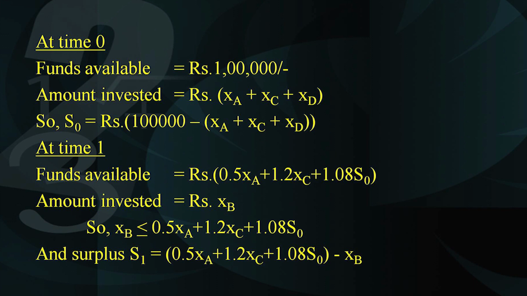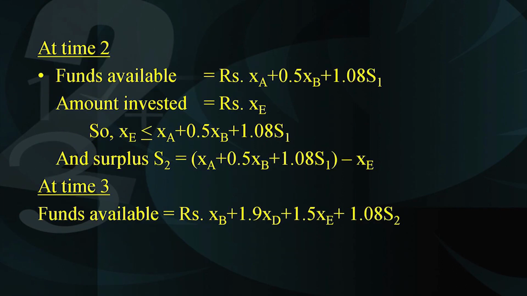So, therefore, we have a constraint, that is xB should be less than or equal to 0.5 xA plus 1.2 xC and so on. And what is the surplus? Again, at this level the surplus is S1, which is given by the difference of the two. So, just as we got the surplus amount in level 0, we have got the surplus amount at level 1.